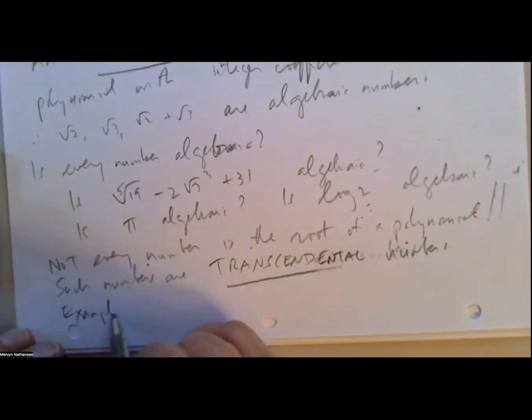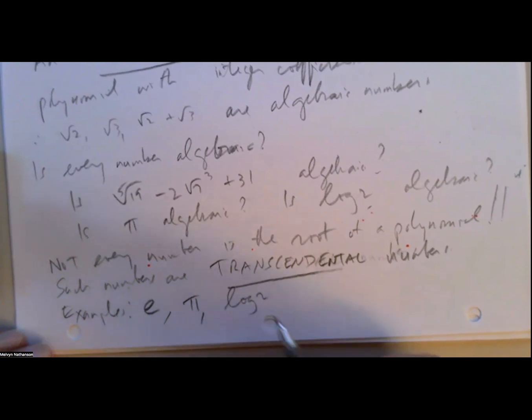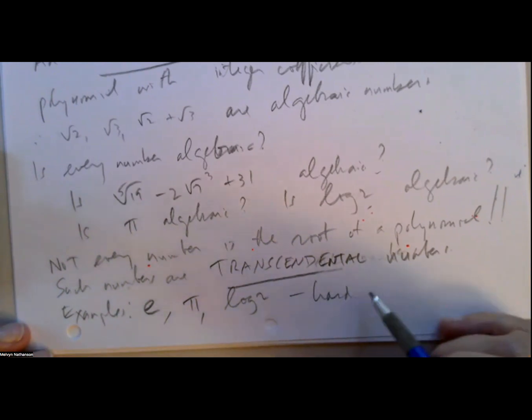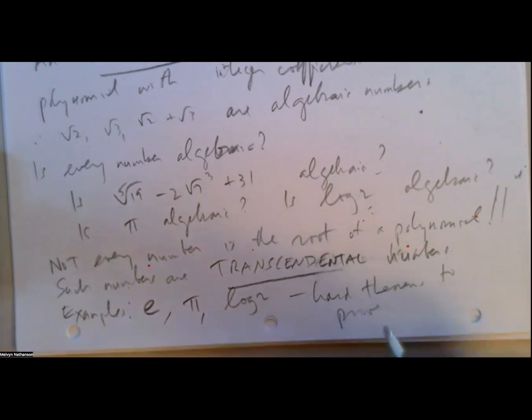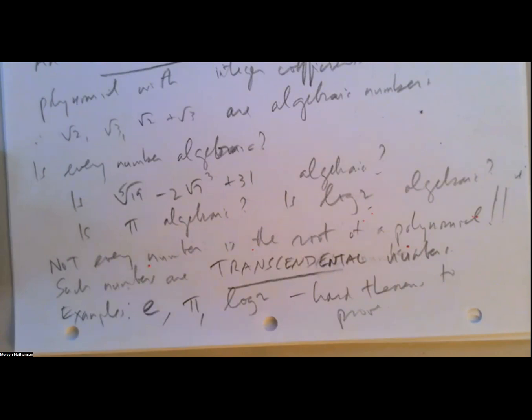And e is transcendental. Pi is transcendental. Log 2 is transcendental. And these are hard theorems to prove, well beyond what one could teach in an undergraduate class for math majors even. But this is also one of the most important results in the history of mathematics, that there are some numbers that are not the roots of any polynomial.